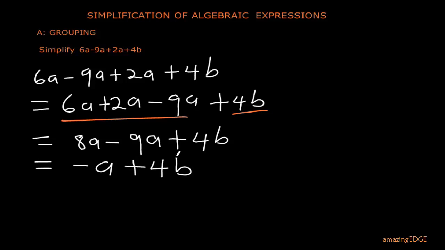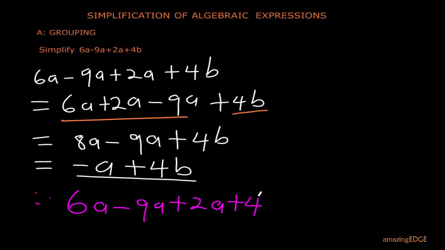So looking at this now, we cannot go further. Because we cannot go further, we'll stop at this point. So finally, what we have done is that this part, 9A plus 2A, which is large, can be written in a shorter form. So the shorter form of this expression is nothing else but minus A plus 4B.